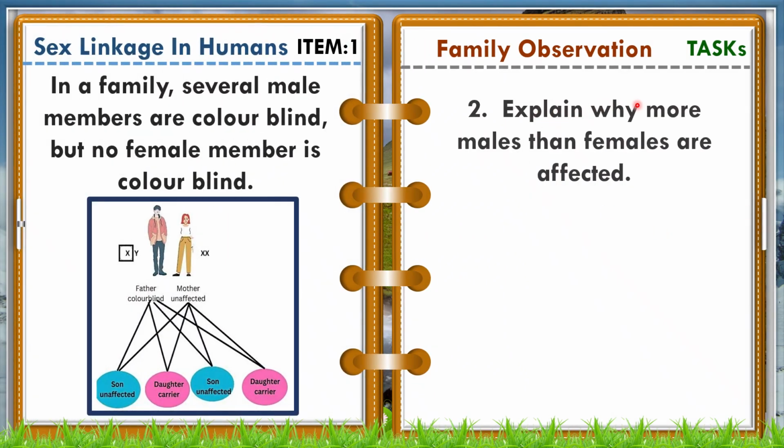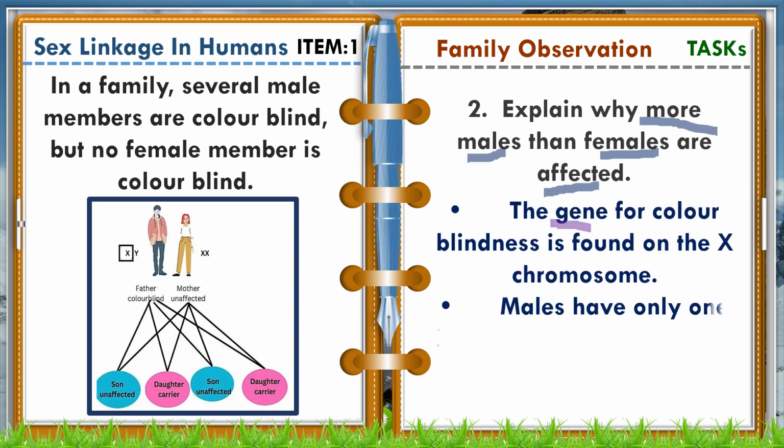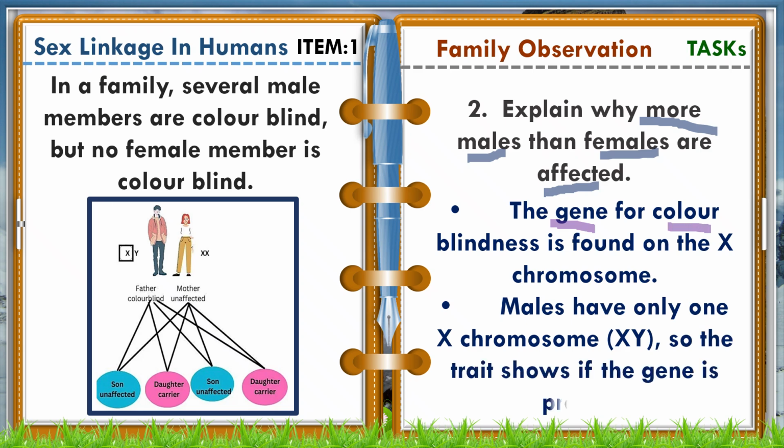Explain why more males than females are affected. They want to explain why more males than females are affected. Now, here we can see that the gene for color blindness is found on the X chromosome.